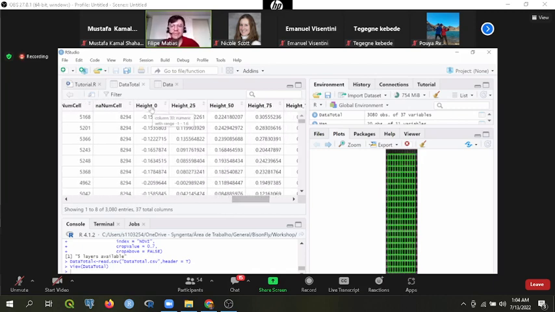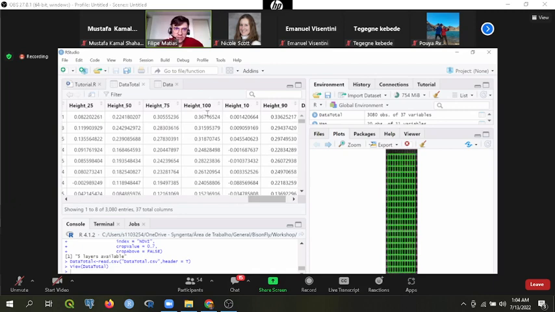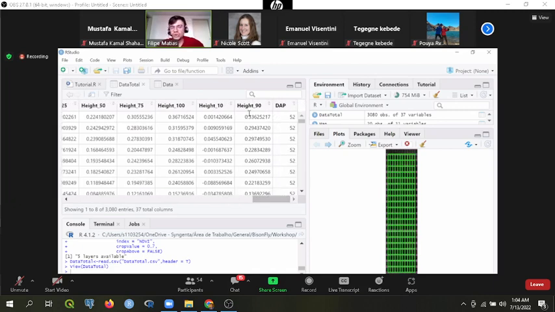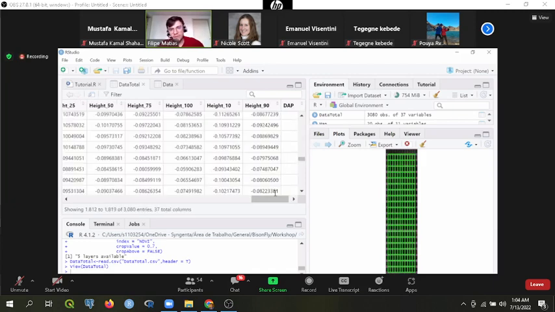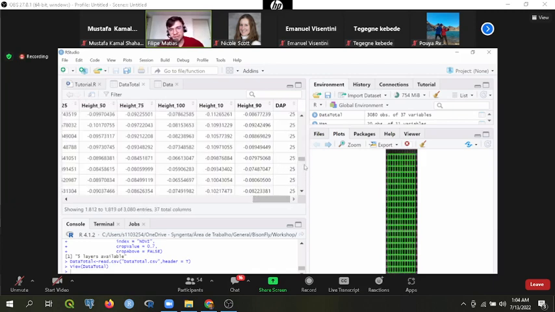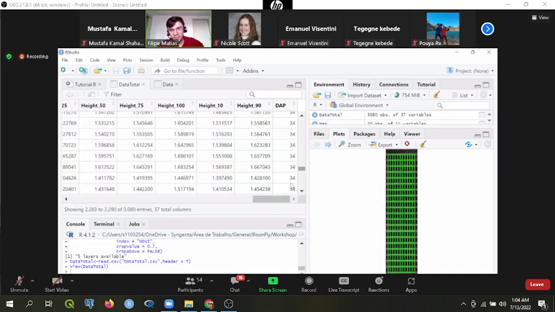Height 0 means the minimum pixel value in the plot, then 25, 50, 75, and go all the way to 100, which is the maximum value, and the extra 2 heights at 10% and 90% of the quantile, very common in papers. And of course, here the days after planting, 52. If you go down, we're going to see all the flight days after planting in only one table. And with this, you can play around and do some stats.